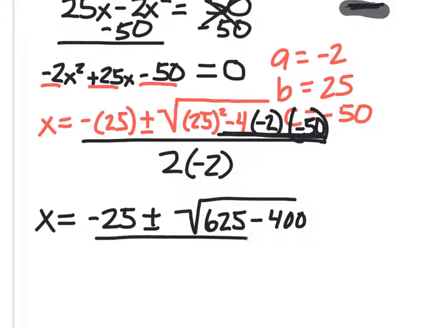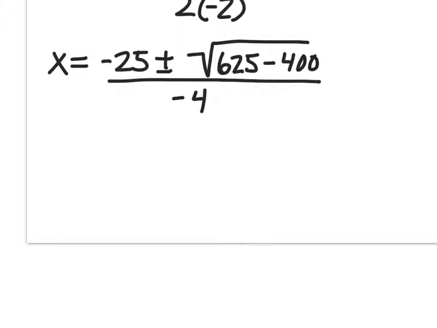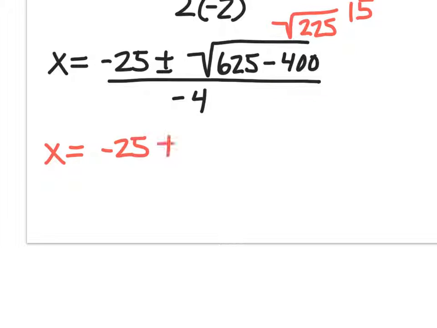And that's all over negative 4. Now we need to keep simplifying this. So above here we'll simplify the radical. So I get the square root of 225, and the square root of 225 is 15. So I come up here with x equals negative 25 plus or minus 15 all over negative 4.